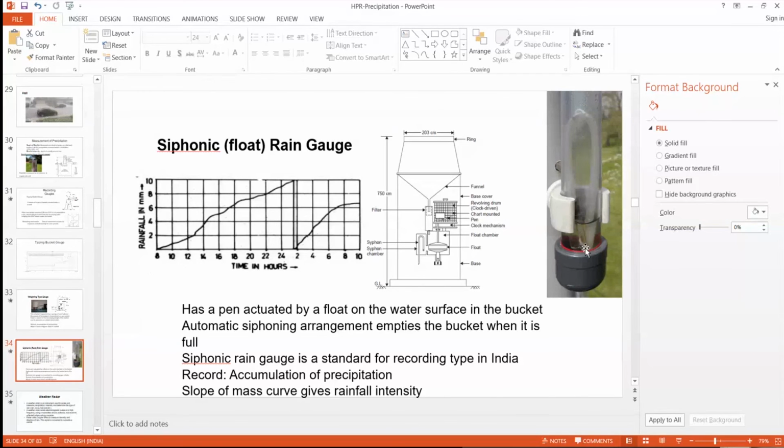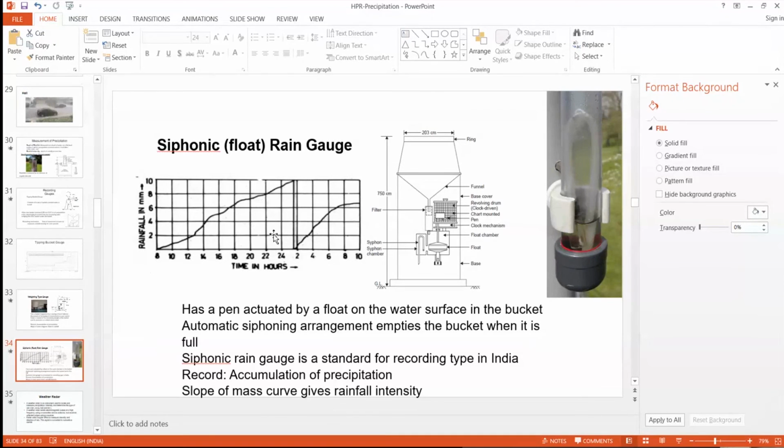You can see there is a pipe. So when water reaches up to this bend, then through the siphonic action, this chamber is emptied. This siphonic rain gauge is a standard recording type in India. It gives a mass curve, and once we draw the mass curve, we can get rainfall intensity from that.